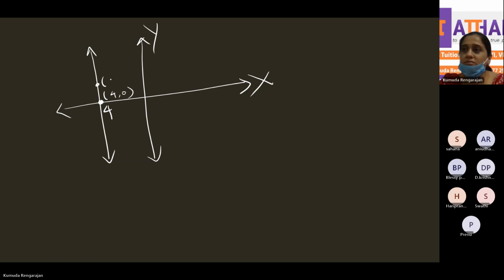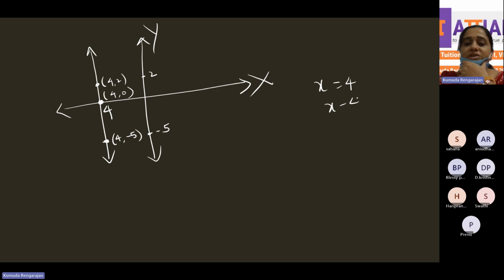Here. Like this one is say 2, so this will be 4, 2. Somewhere here it's minus 5. So what is fixed? X is equal to 4 because the x coordinate is 4. So x is equal to 4, or x minus 4 is equal to 0.